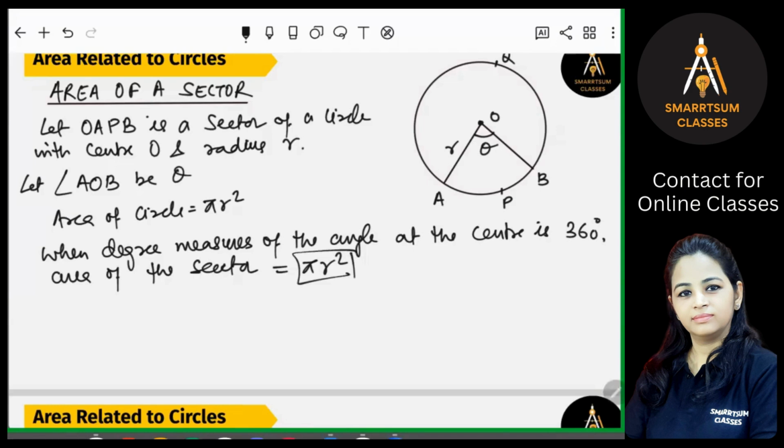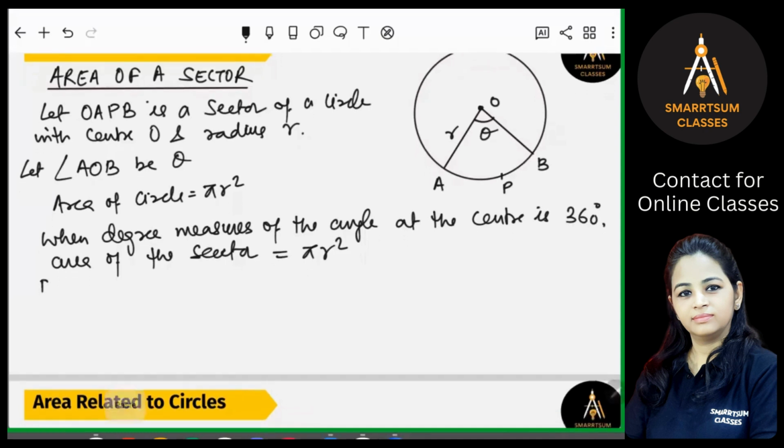Pi r square, right? So now when the degree measure of the angle at the center is, suppose, 1, then in that case, according to the unitary method, what will be the area of the sector? So by the unitary method, when theta is equal to 1, right?